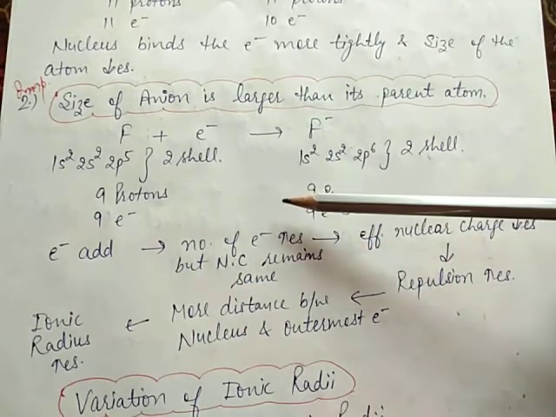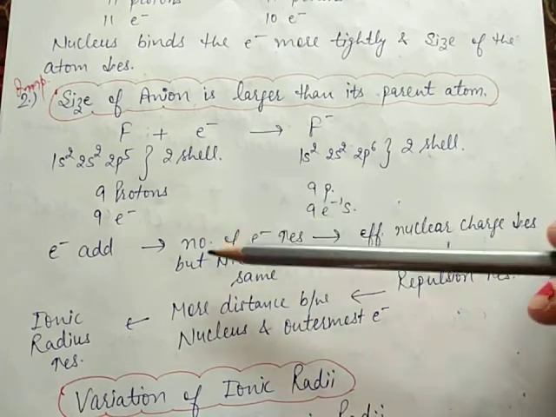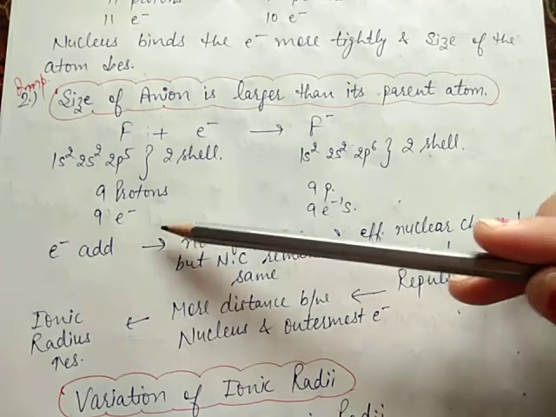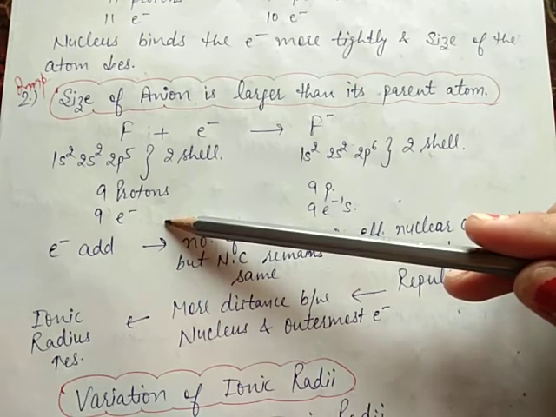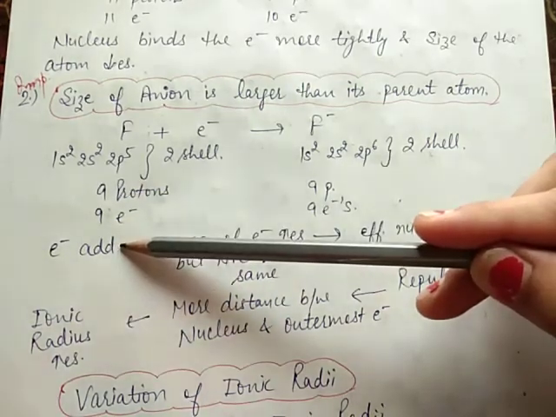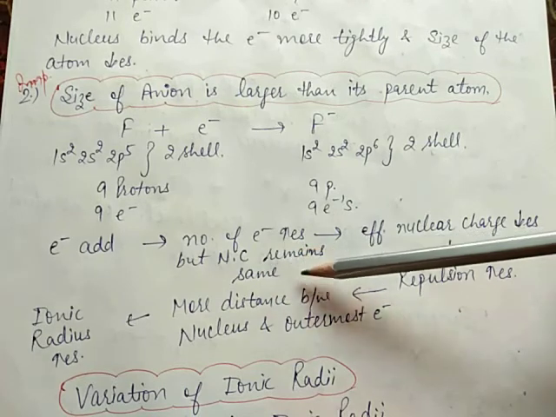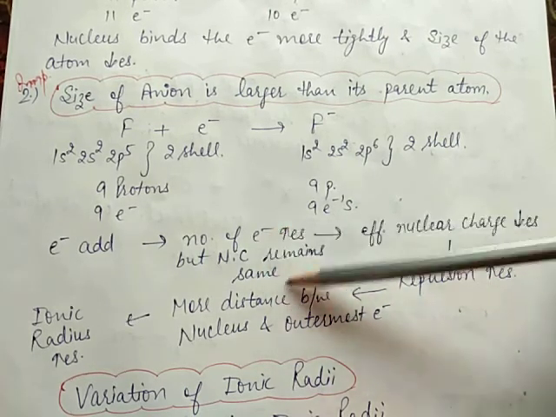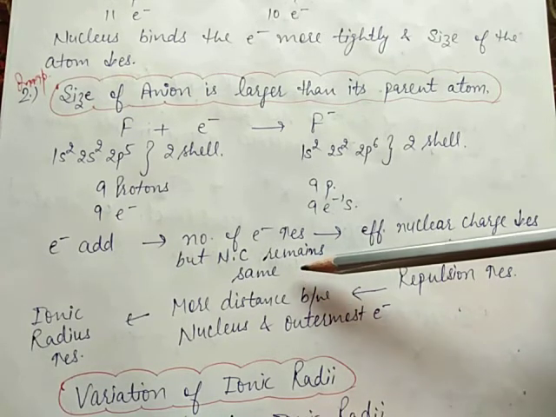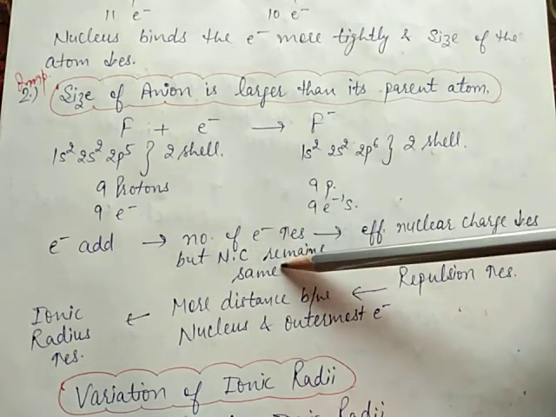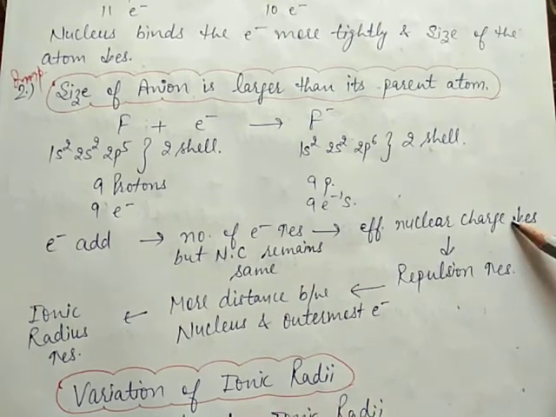These are the same. An anion is formed as a result of the addition of 1 or more electrons to an isolated atom. Due to the addition of electrons, the number of electrons increases, but the nuclear charge remains the same. Nuclear charge means the number of protons, which remains the same. More electrons are held by the same nuclear charge, so effective nuclear charge decreases.